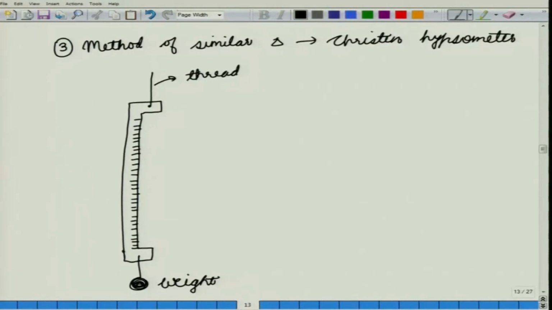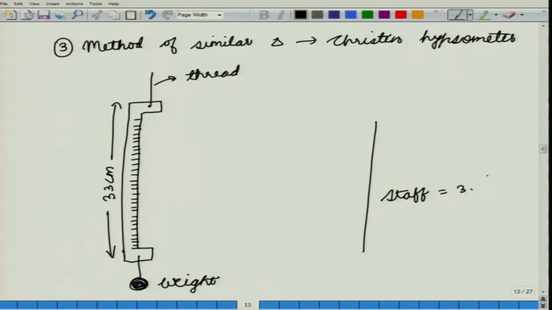The length of a hypsometer is generally taken to be 33 centimeters or roughly a foot. The hypsometer is always used with a staff. Now, a staff is a pole that is generally taken to be of the length of 3.6 meters.